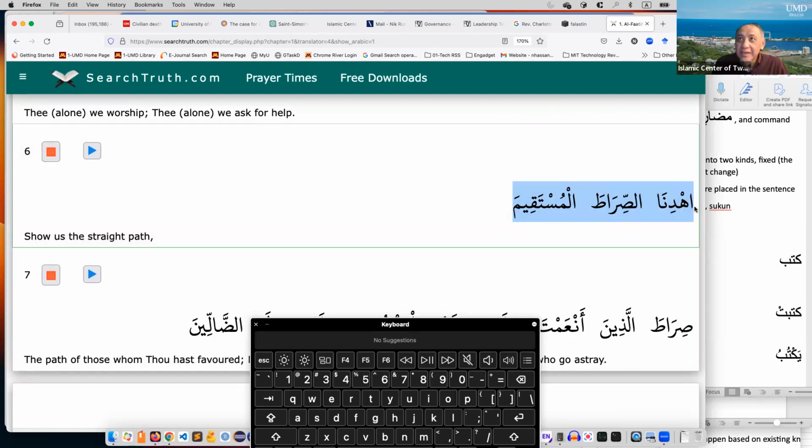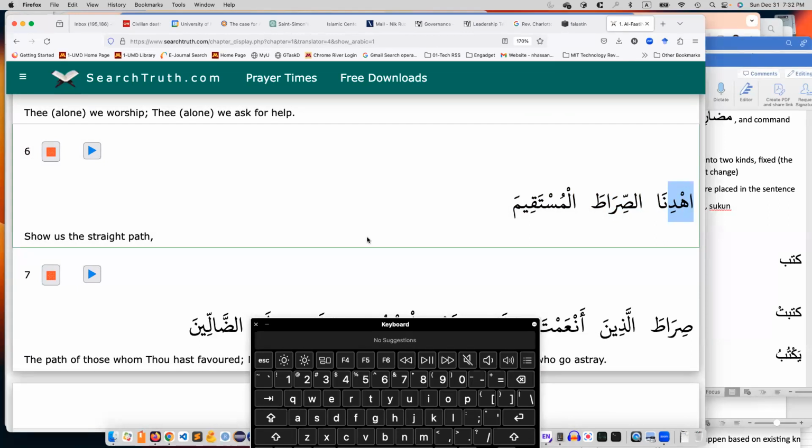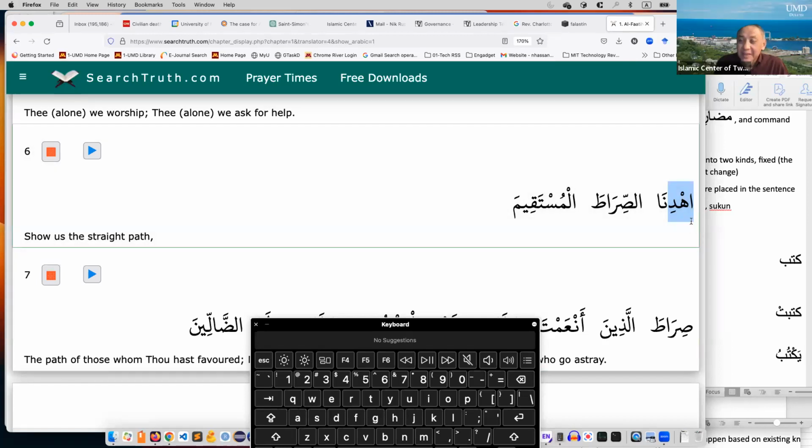Ihdi. Now it's a special kind of fi'l. Anybody remember what this was? Remember there are three kinds of fi'l: fi'l madi, past; fi'l mudari, present; and fi'l amr, right? And this one is fi'l amr. Fi'l amr means to command, to ask, to request.